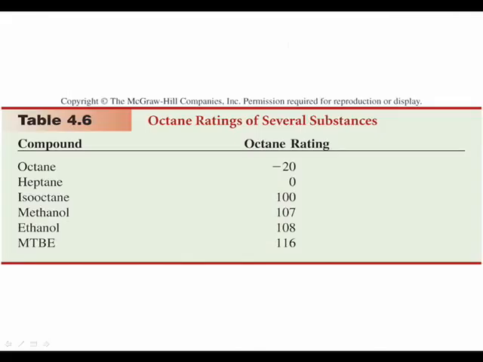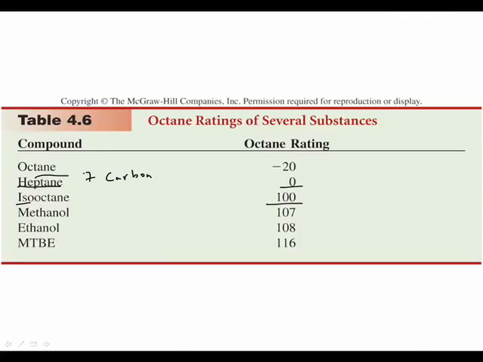If you look at an octane rating, this is an indication of how well a fuel resists knocking and pre-ignition. The 0 point is heptane, and heptane is a 7-carbon hydrocarbon. So heptane has 7 carbons in it. Isooctane is the top, and it's at 100.